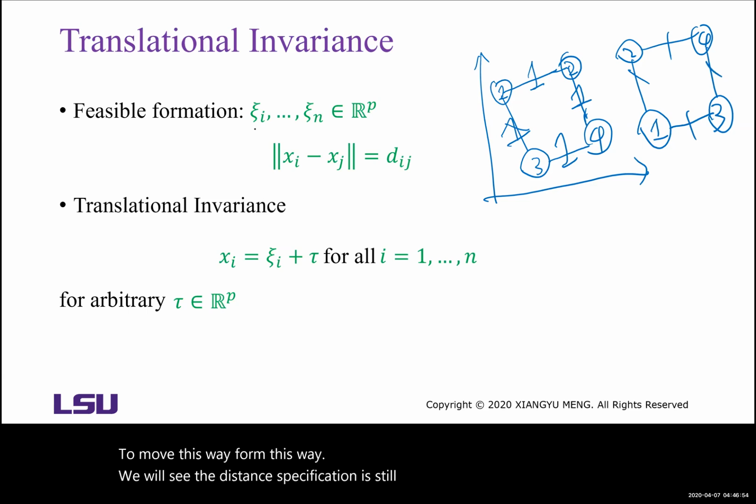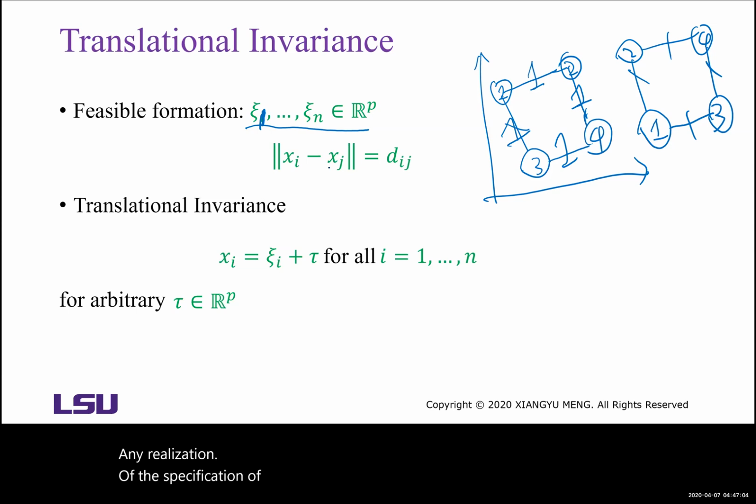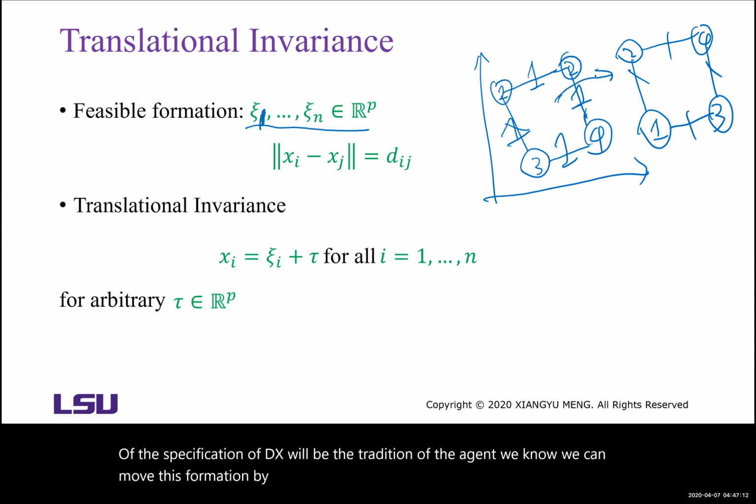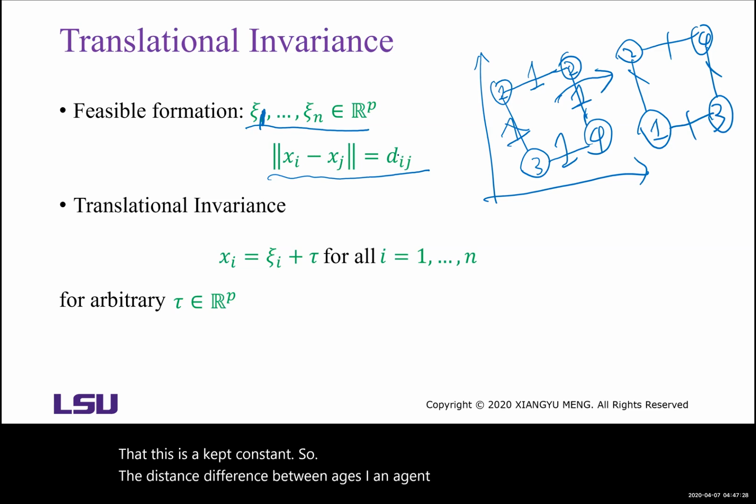So let X be any realization of the specification D, representing the positions of the agents. We can move this formation by rotating and or moving to different locations, but the specification is still satisfied because the distances are kept constant. So the distance between agent i and agent j is the same as Dij without changing anything.